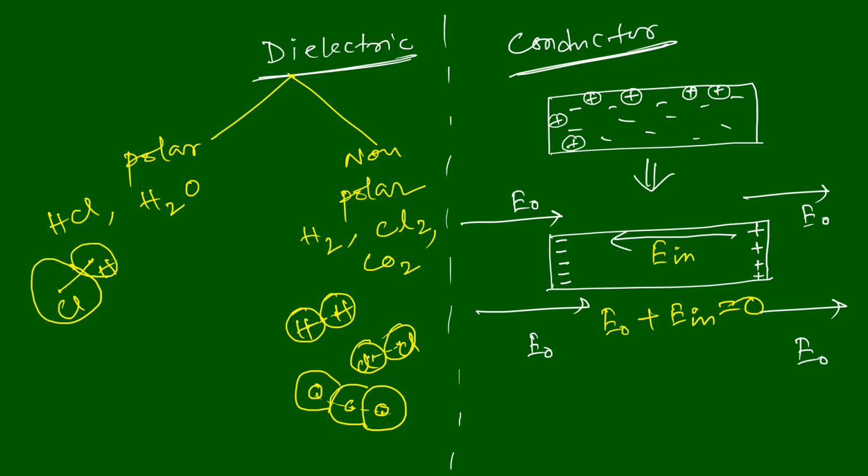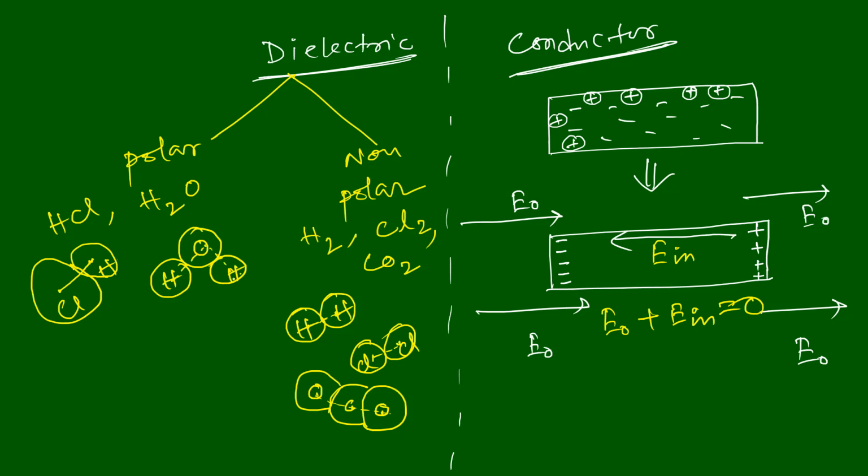But if you see the polar molecules, there is a considerable distance between the positive and negative charges, and these are ionic in nature. The diagram of H2O will look like this. This is the oxygen, this is one hydrogen, this is another hydrogen. So let me write it down.